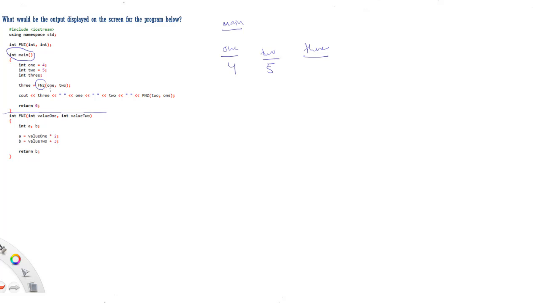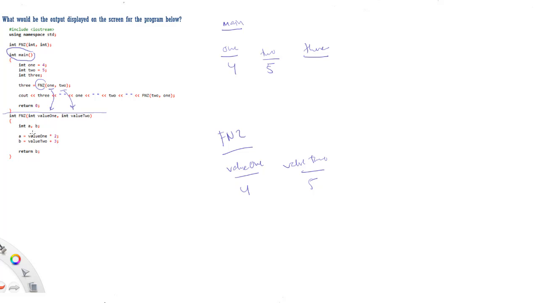So n1 relates to value1, n2 relates to value2. We have a function called fnz, which has parameters called value1 and value2. Inside value1 it will receive n1, which has 4, and inside value2 it receives the value inside n2, which is 5.